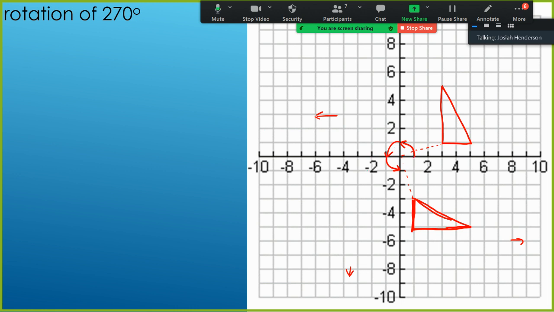So for 270, this is 3/4 of a turn or 270 degrees in a row. And if we look at those points, our A is still the same as before. It's 3, 1. And the new A is actually the right angle. So the new A is at 1.